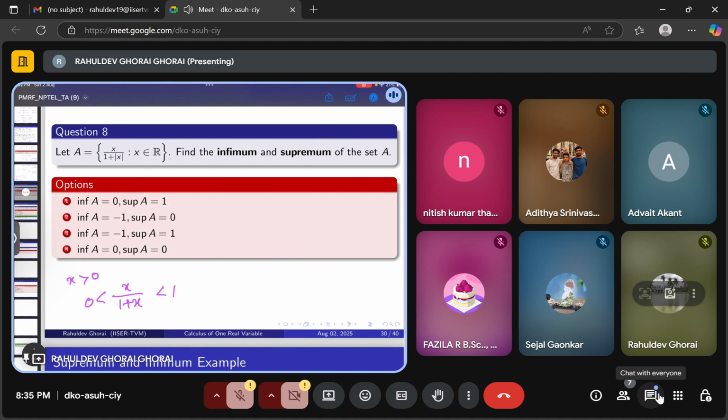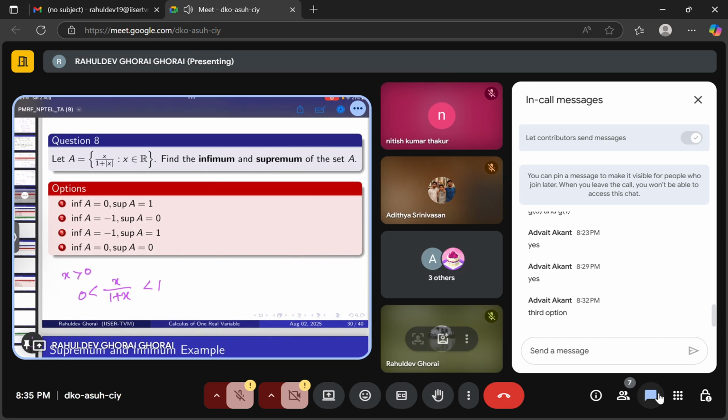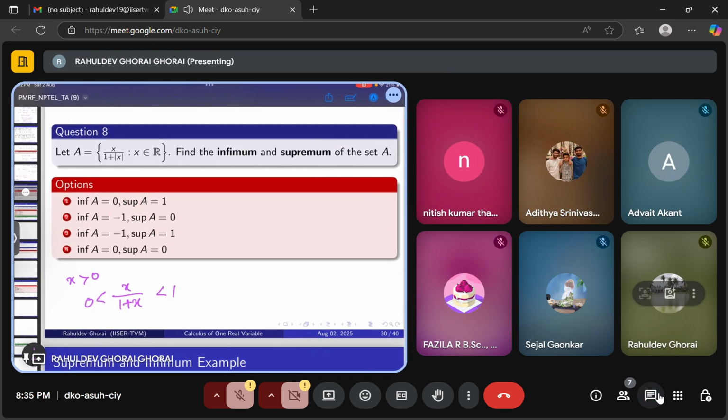Are you agreed with me? So when x is greater than 0, it looks like this.